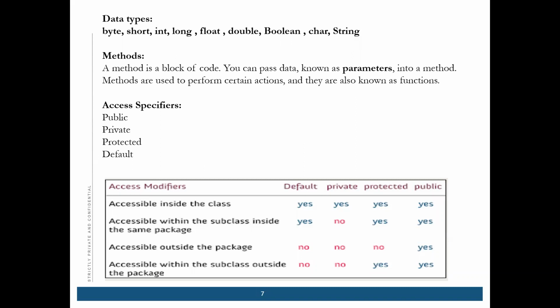Int is for numbers. Double is for decimal numbers, like 12.35. Boolean is true and false. Char is letters, like A, B, C, and string is like a name.